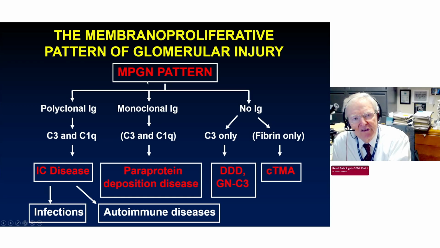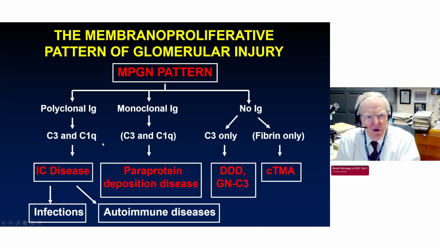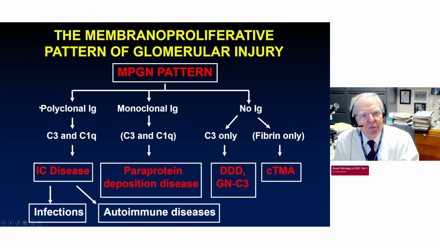So the membranoproliferative pattern of injury can be broken down by morphology. If there are polyclonal IgG, C3, and C1q, we call it an immune complex disease. Infections, usually chronic infections, and autoimmune diseases come to mind, in this case lupus, Sjögren's, and others as well.